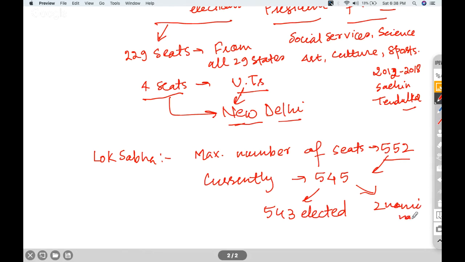Here it is not art, science, literature, and all those things. These two nominated members have to be from the Anglo-Indian community.